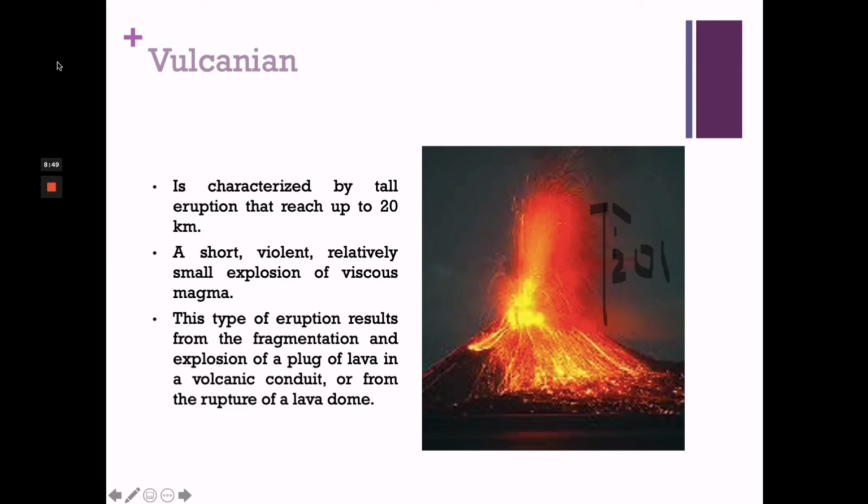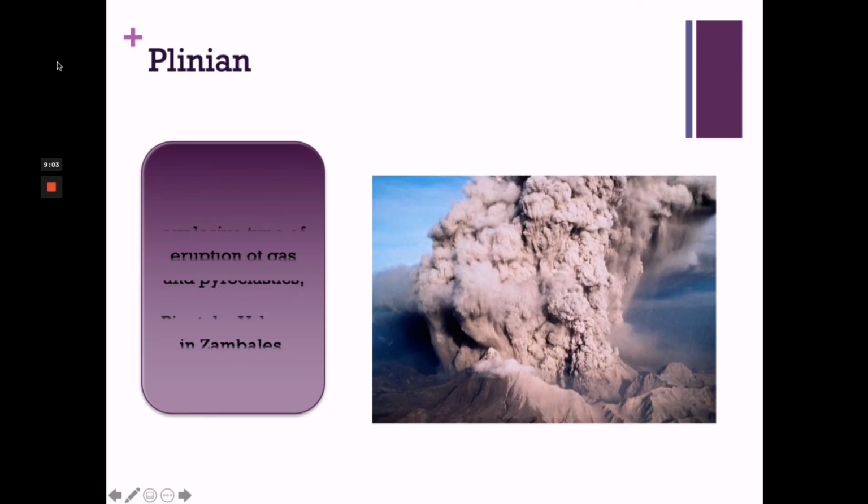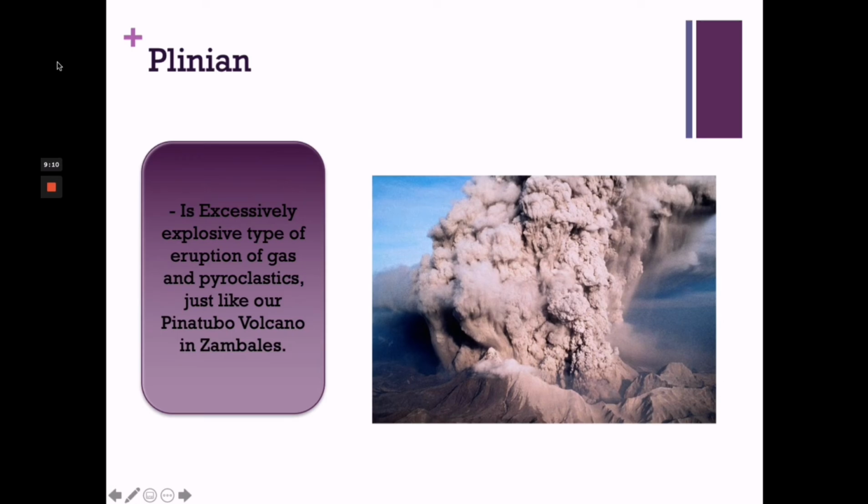This type of eruption results from the fragmentation and explosion of a plug of lava in a volcanic conduit or from the rupture of a lava dome. The last type of volcanic eruption is Plinian. It is an excessively explosive type of eruption of gas and pyroclastics, just like our Pinatubo volcano in Zambales.